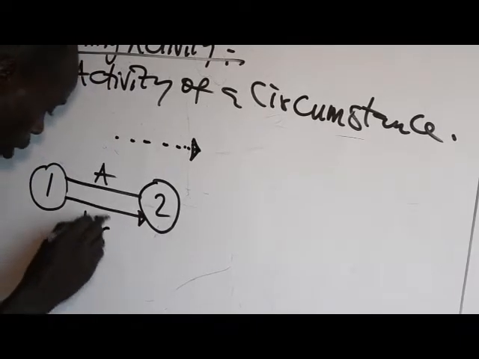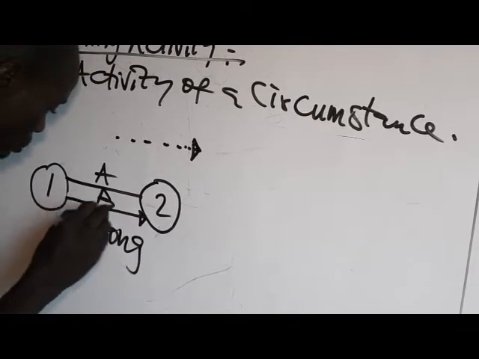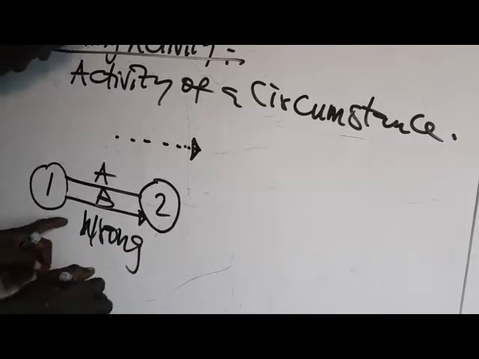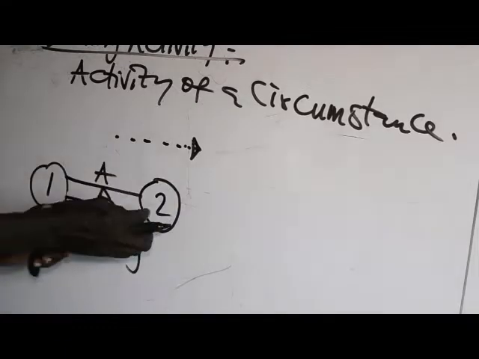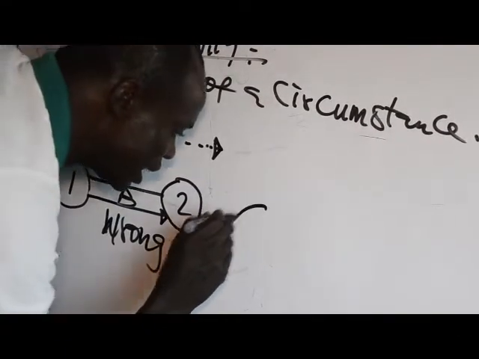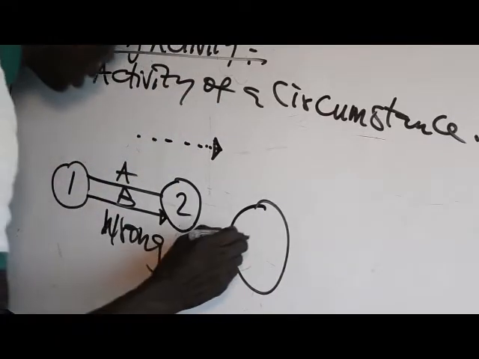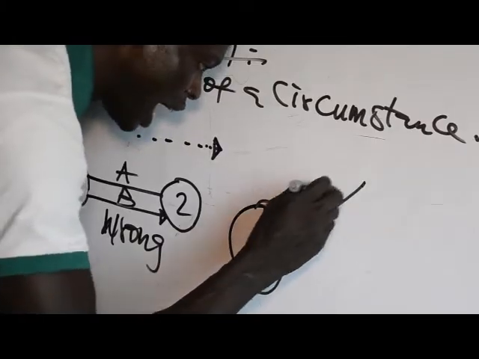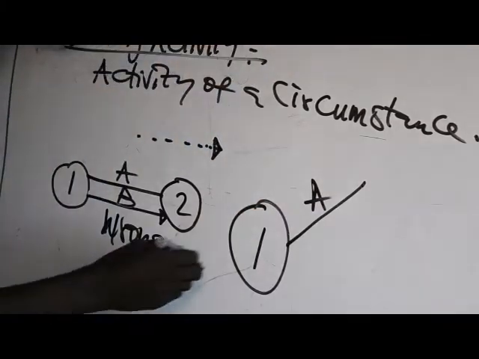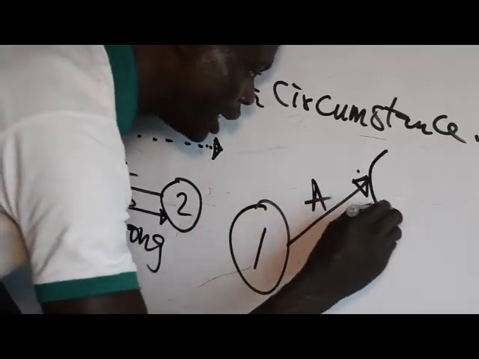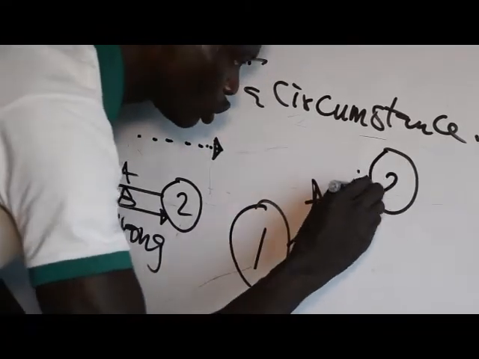But the right way, if you want both of them to meet at a spot: this is number 1, this is activity A, and this is where it stopped, number 2.